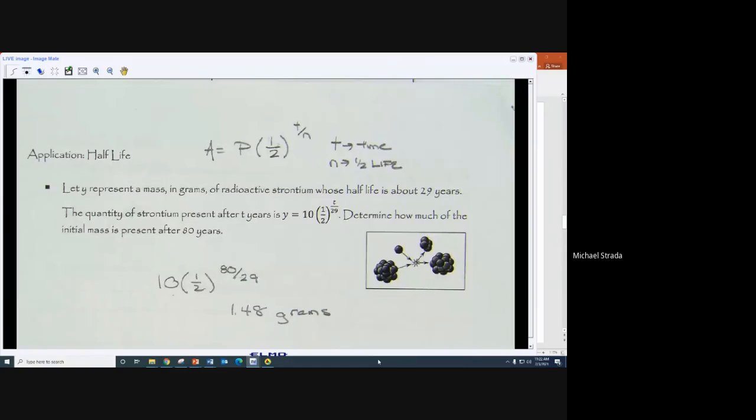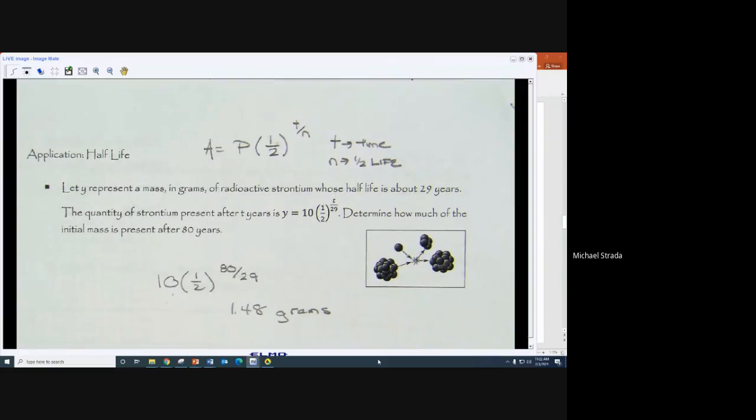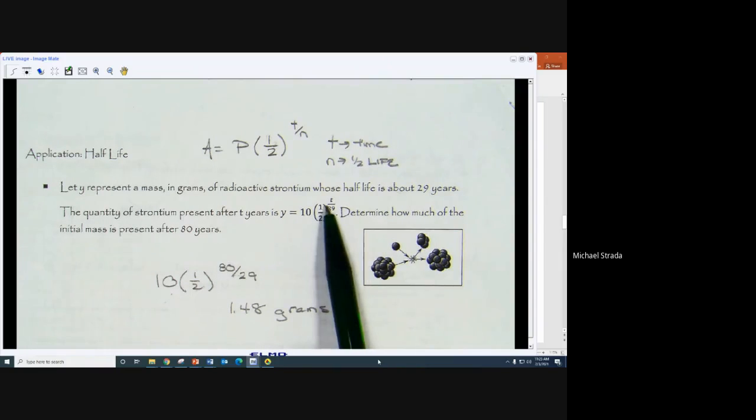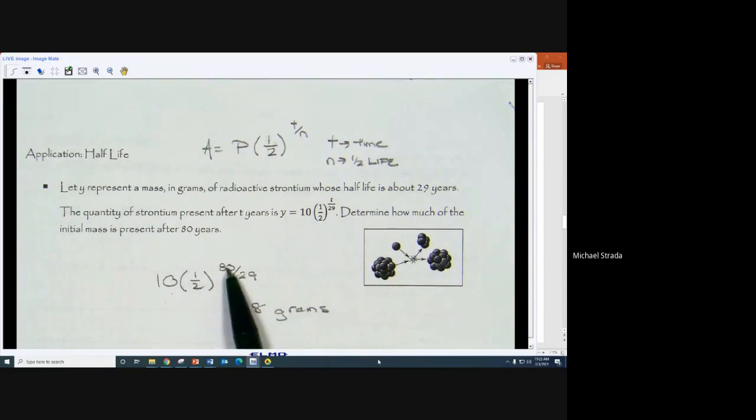So, for example, let Y represent a mass in grams of radioactive strontium, whose half-life is about 29 years. The quantity of strontium present after T years is Y equals 10 times 1/2 to the T over 29. Determine how much of the initial mass is present after 80 years. All you're going to do is replace the T with 80.